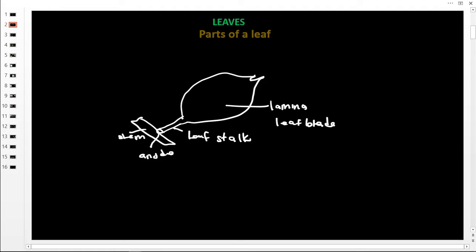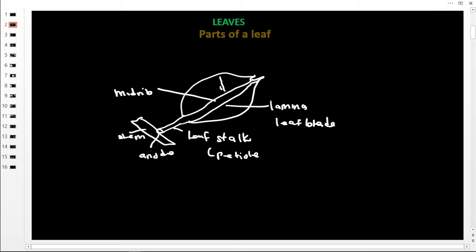This leaf stalk, which is also called the petiole, on reaching the lamina is going to turn into what we call the midrib. So when it enters the lamina, we no longer call it the leaf stalk, it is now called the midrib.